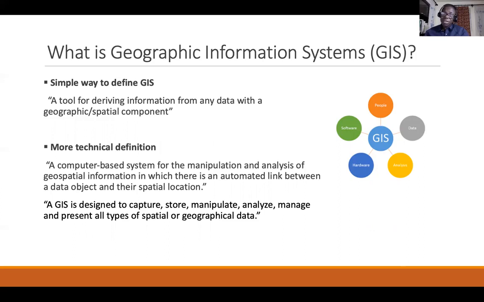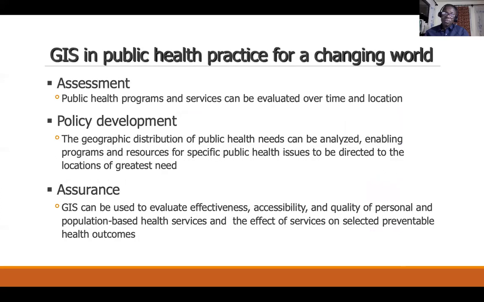So how can GIS help in assessment, assurance, and policy development? The role of GIS in public health practice is promising. Spatial thinking, spatial solutions, affirmation that geography matters when it comes to health.